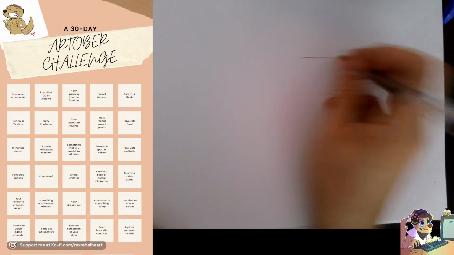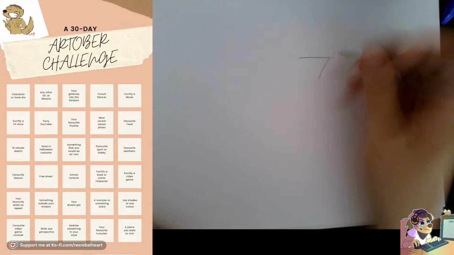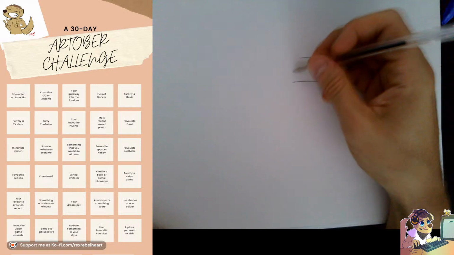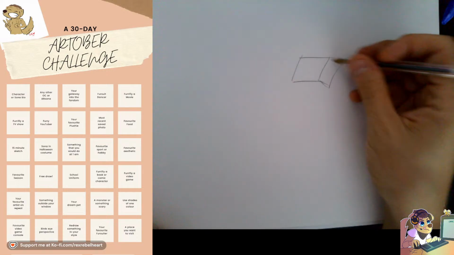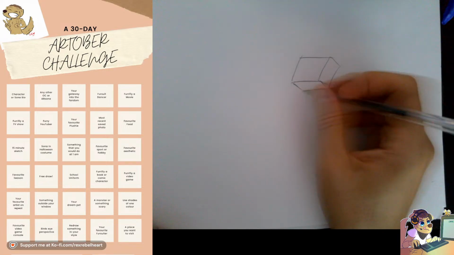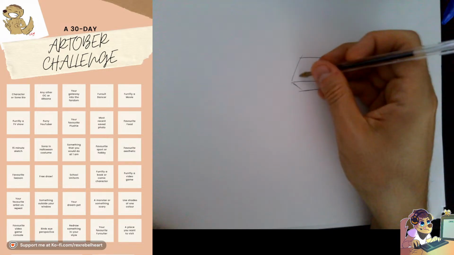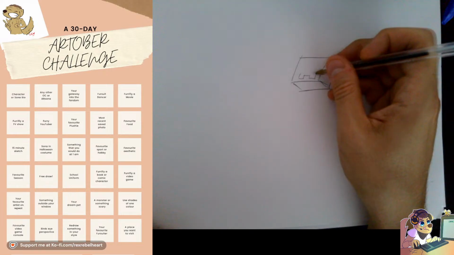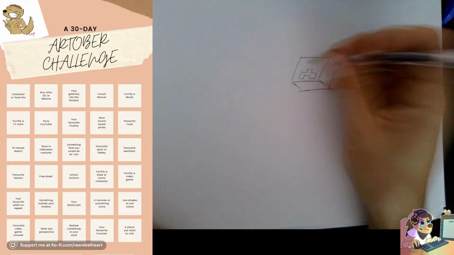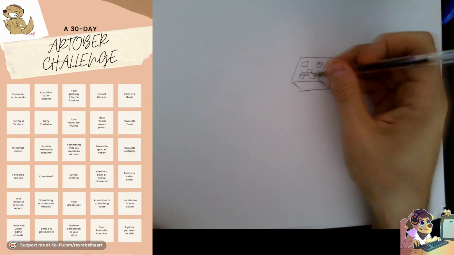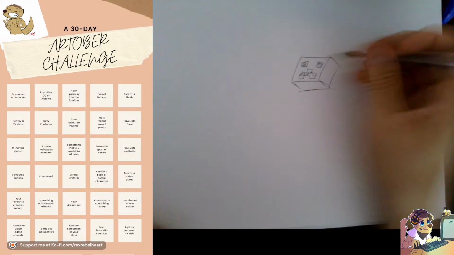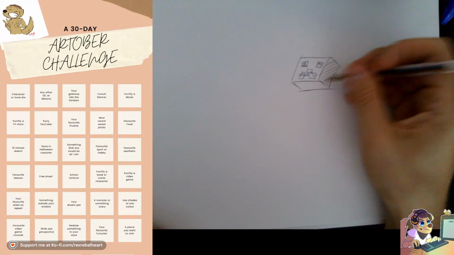I was thinking I could whack out another Minecraft dude, but I'm going to have to learn a little more about the perspective before we totally get there.